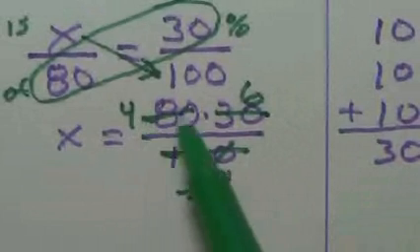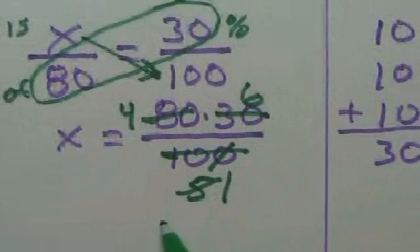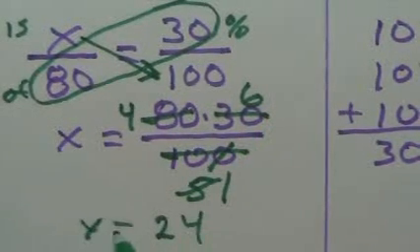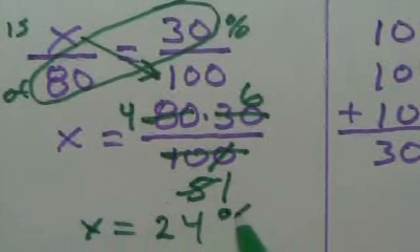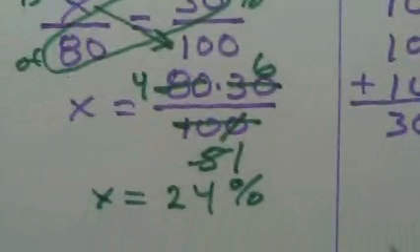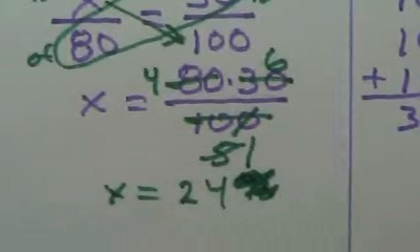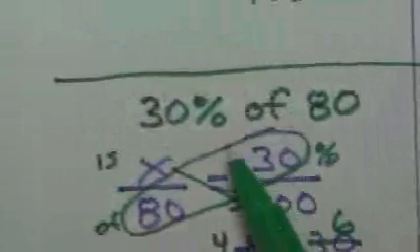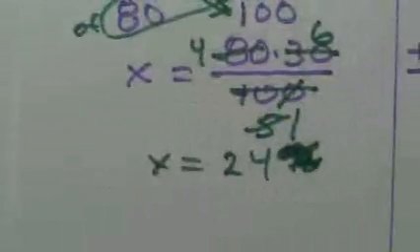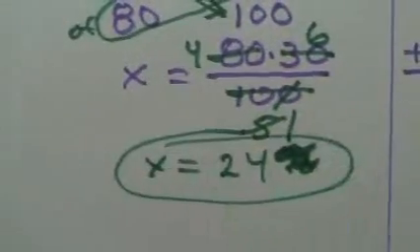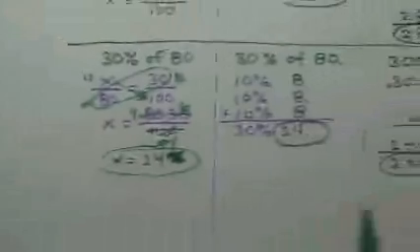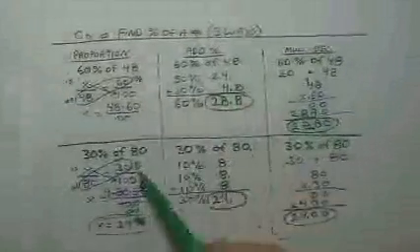So you can see I have 4 times 6, which is 24. I'm not trying to find percent, I'm just trying to find the number. So 30% of 80 is 24. So now you can see the three ways of solving the same problem.